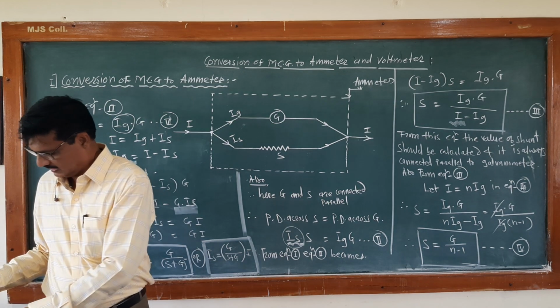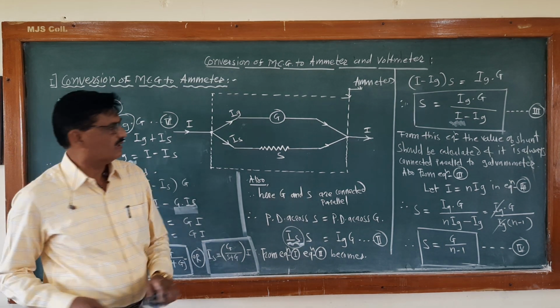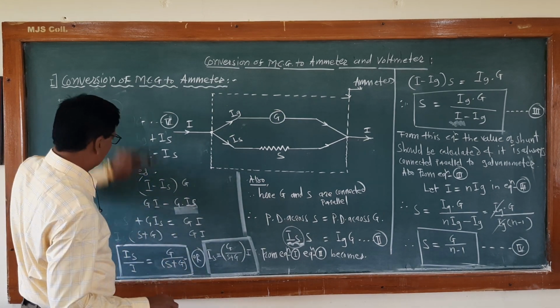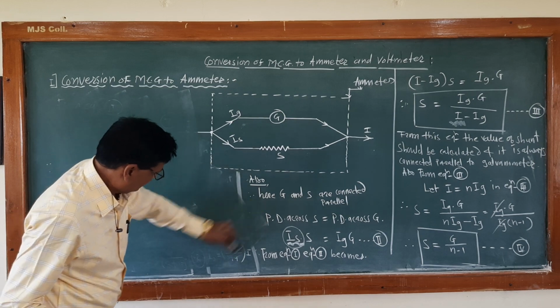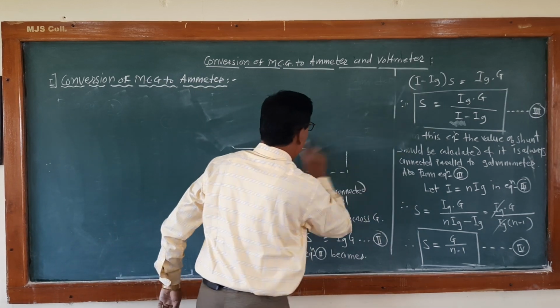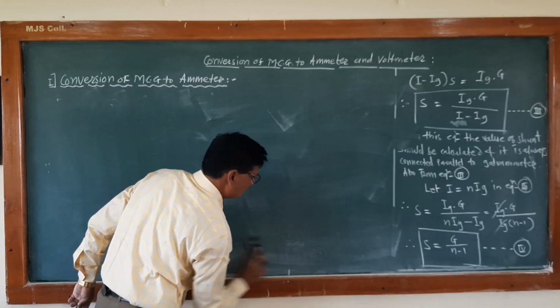Then the next point related to the moving coil galvanometer: how to convert the moving coil galvanometer into a voltmeter.